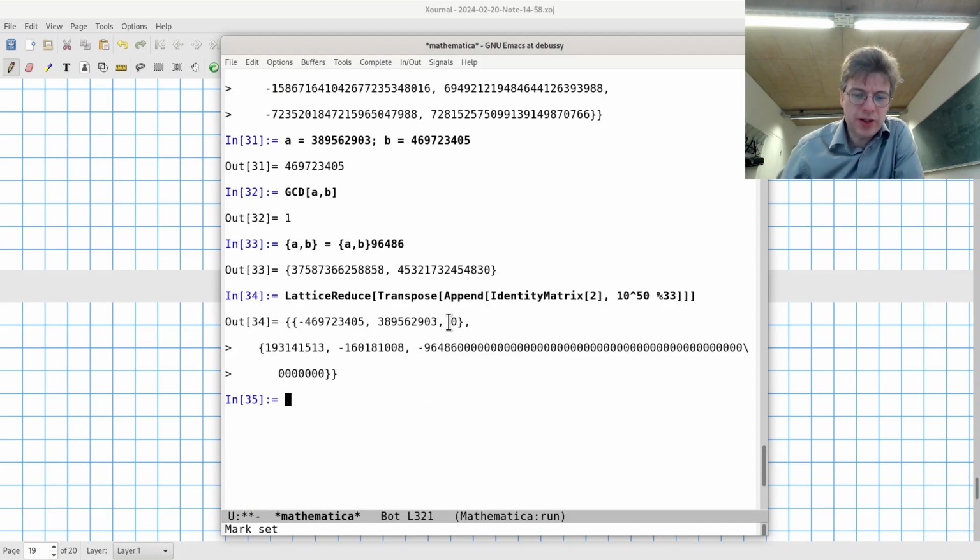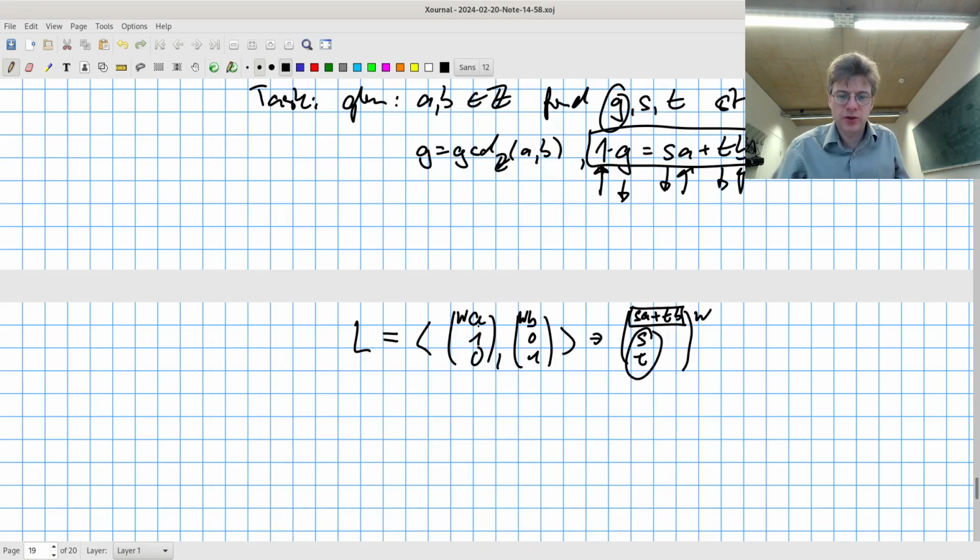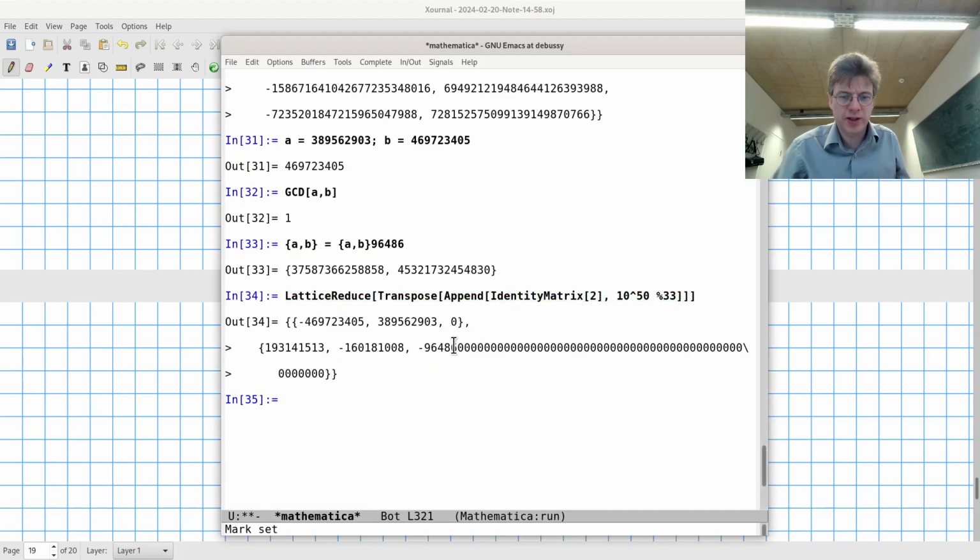First, you get a vector that has 0 in the top coordinate. No, sorry. What is here in the handwritten notes on the top is here in Mathematica at the end. And this is S and T. So these are S and T that linearly combine A and B to 0.